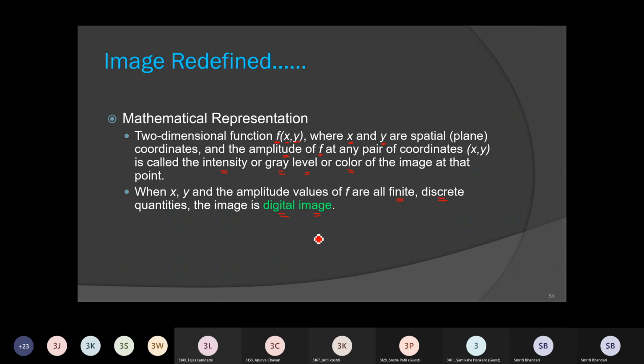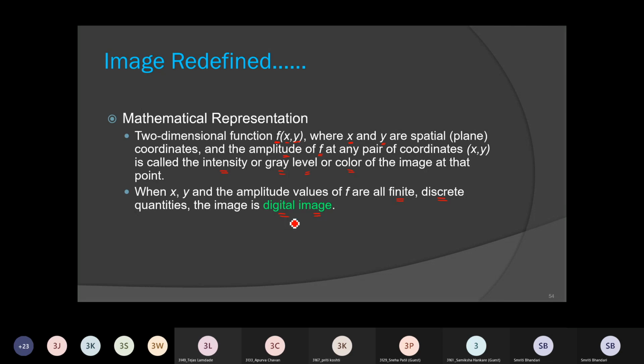So if all the values of x, y and f are finite or discrete quantities, then the image is a digital image. If these values are continuous, then we say that it is an analog image.